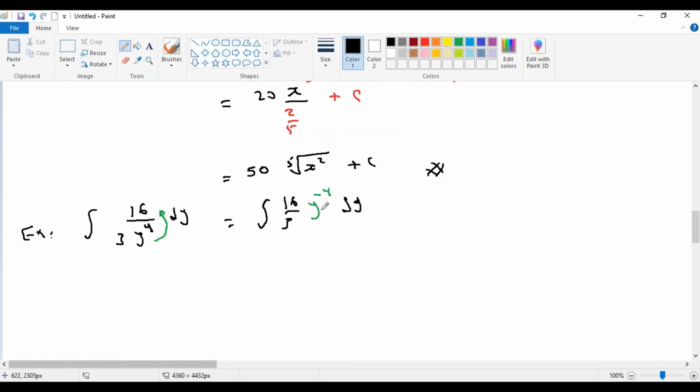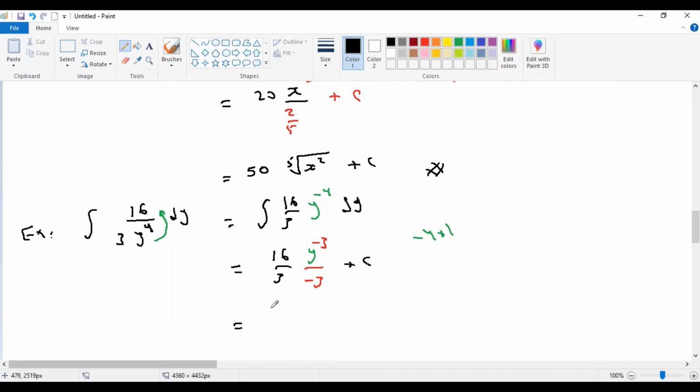Okay, so what I have now is k x^n. The x here is y, maybe m, maybe l, maybe k, any variable. It is equal to k out, y to the power n plus 1, negative 4 plus 1, so minus 3, negative 3. Y to the power negative 3, over negative 3, plus constant.